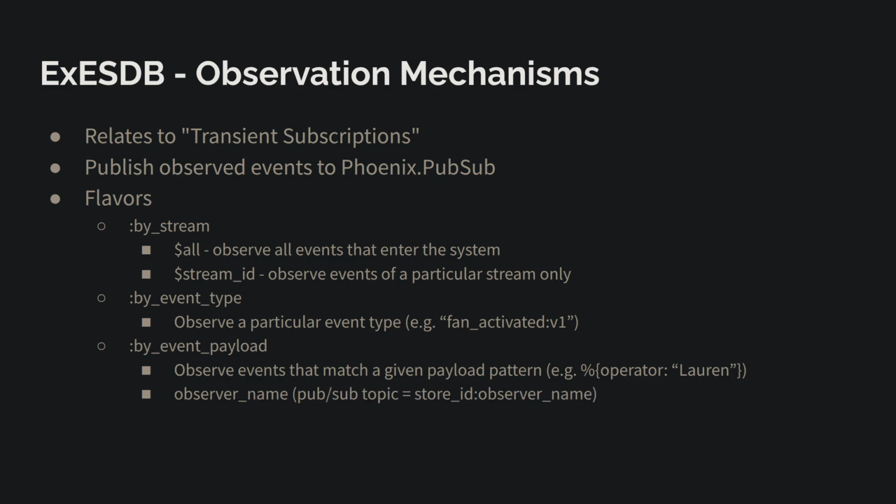Of course, it is difficult to just create a user-friendly name for a pattern automatically. So these types of observations will require an observer name, and this name will then be used in PubSub to be the topic you can subscribe on.